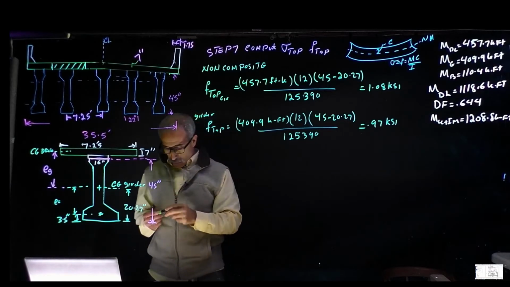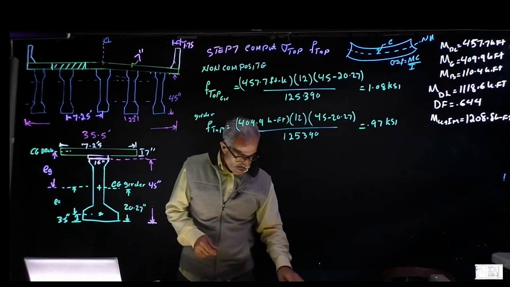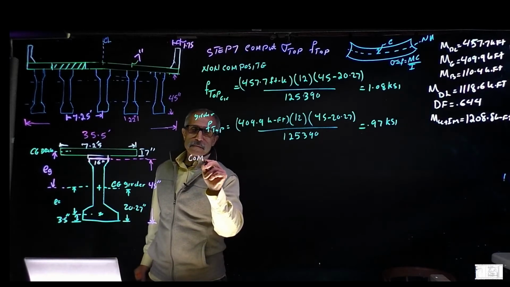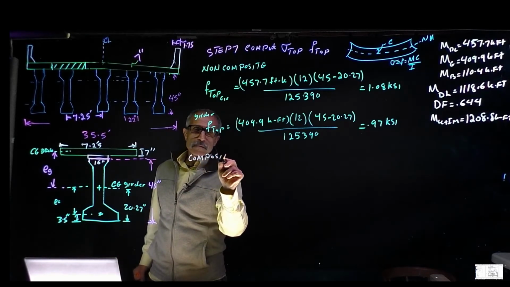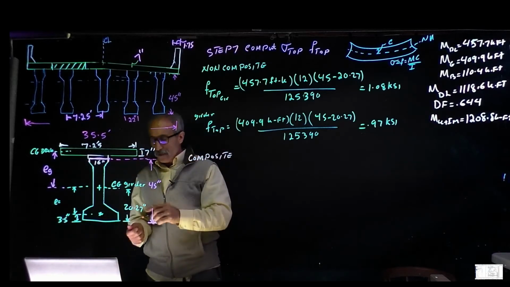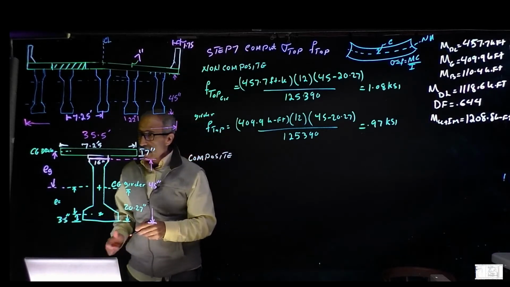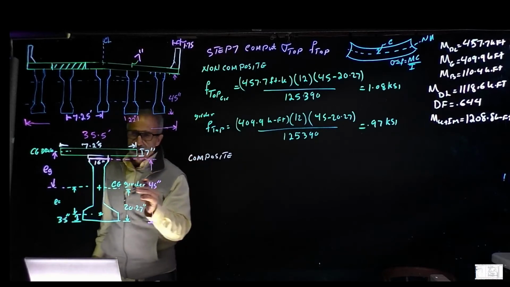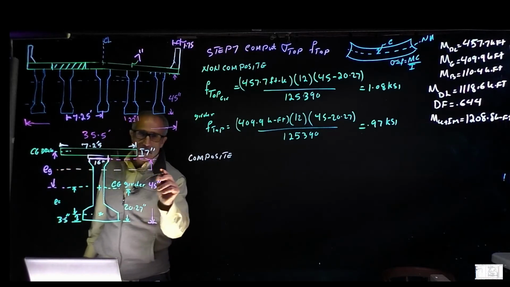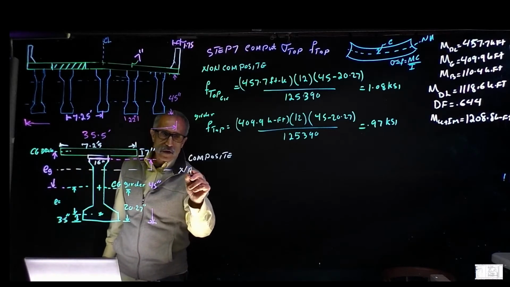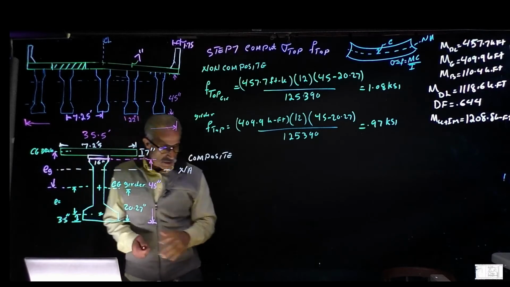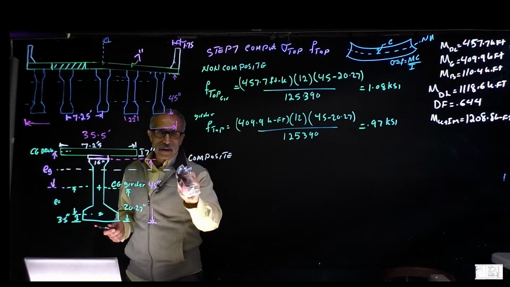Now we're going to go to composite. For composite, we're going to have to find our neutral axis. The neutral axis was someplace around here. Remember, we said this was NA, or center of gravity, actually we call it center of gravity of both of them for a composite.